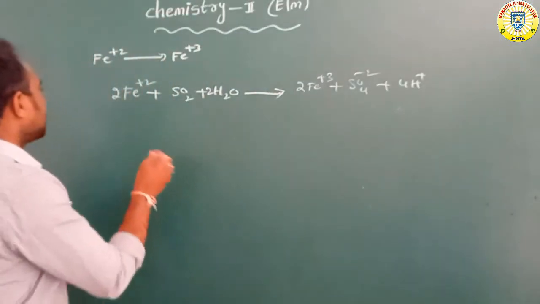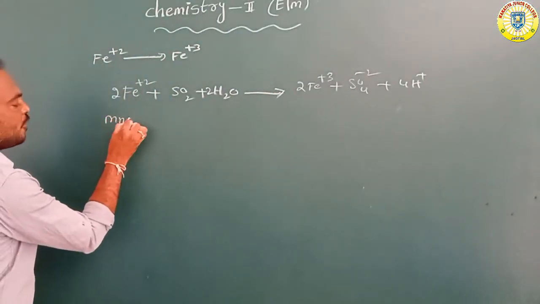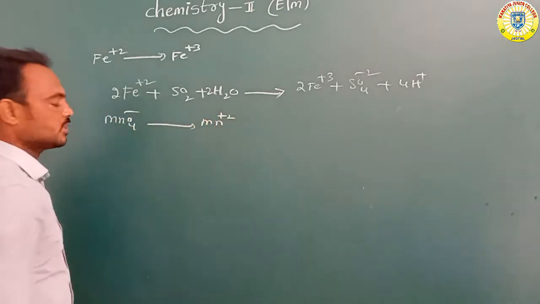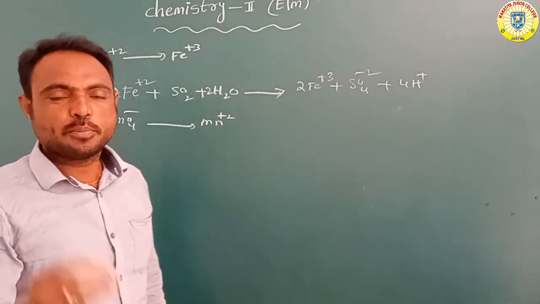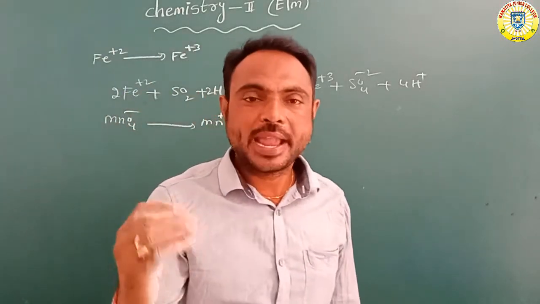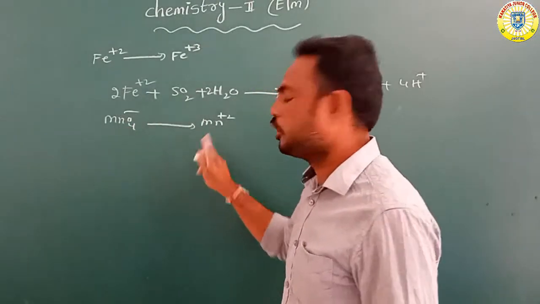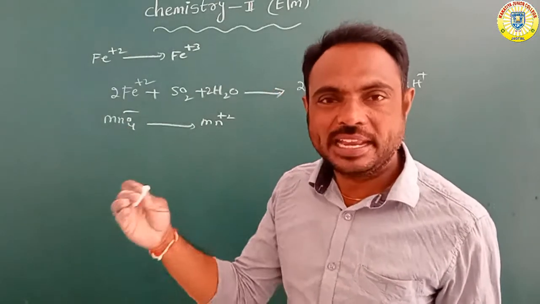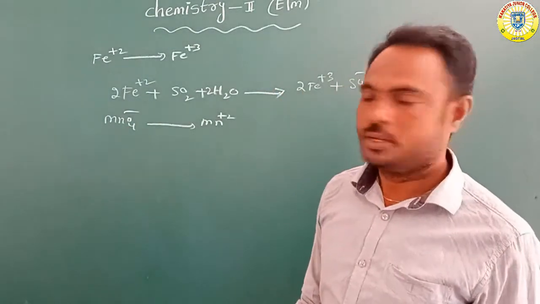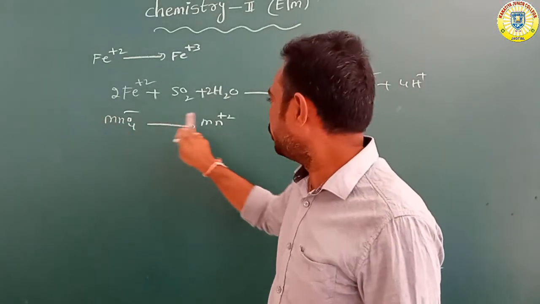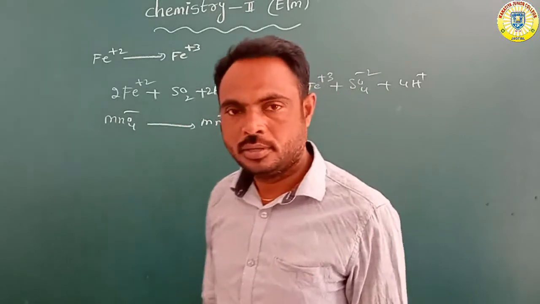Next, MnO4- ions are converted to Mn+2 ions. MnO4- is the permanganate ion, and it is converted to the Mn+2 manganese ion.